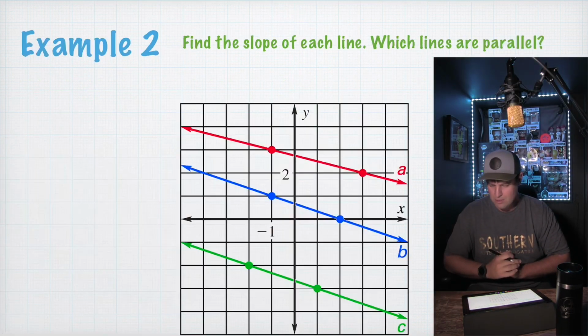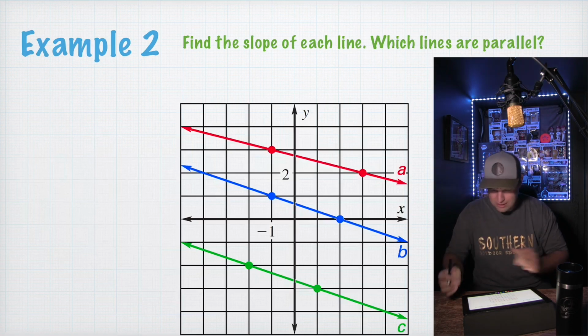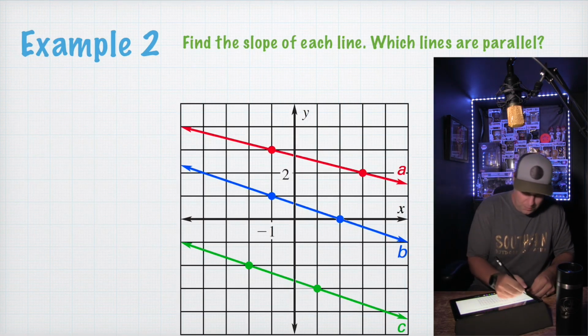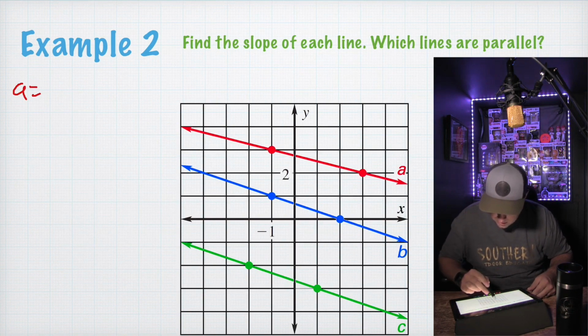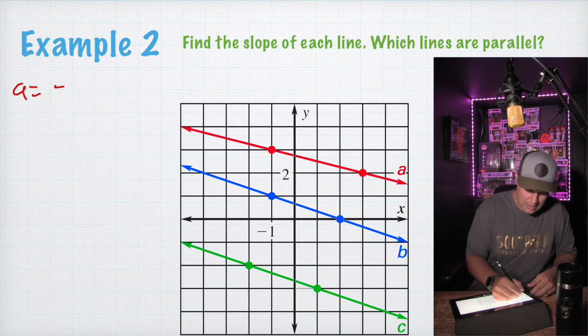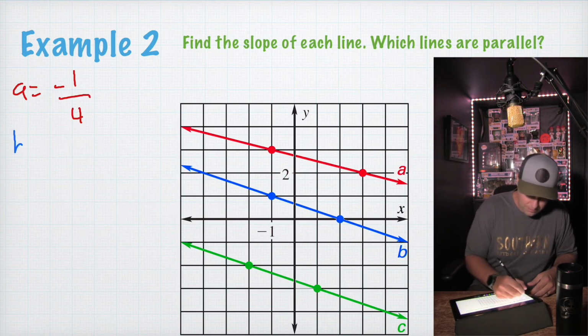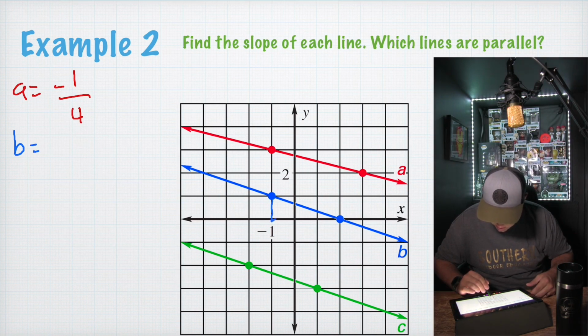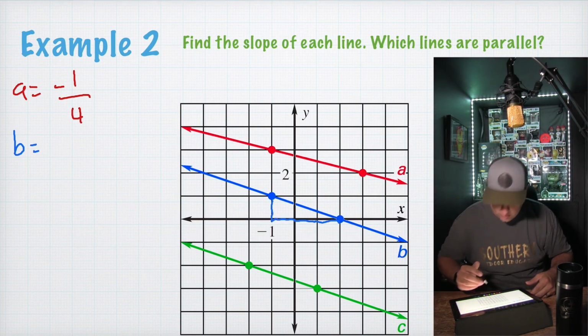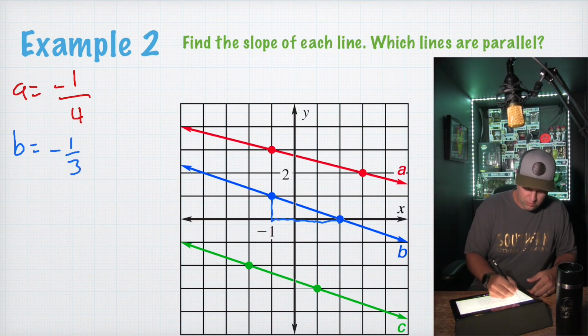So they want us to find the slope of each line and state which line is parallel. So the slope of A, let's do it my method. We have 2 points here. It goes down 1 over 1, 2, 3, 4. So -1 over 4. B goes down 1 over 1, 2, 3. -1 over 3.